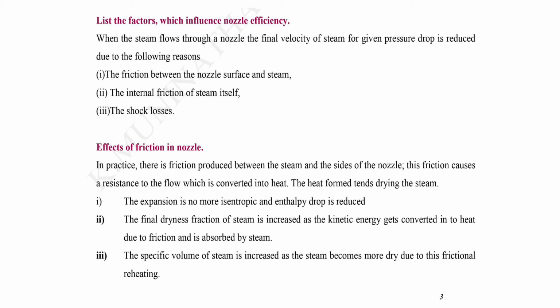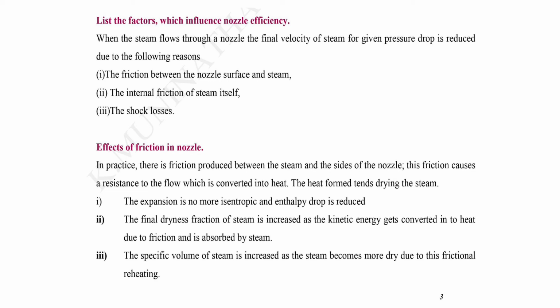In practice, friction is produced between the steam and the sides of the nozzle. This friction causes a resistance to the flow which is converted into heat. The heat formed dries the steam. The expansion is no more isentropic and the enthalpy drop is reduced.